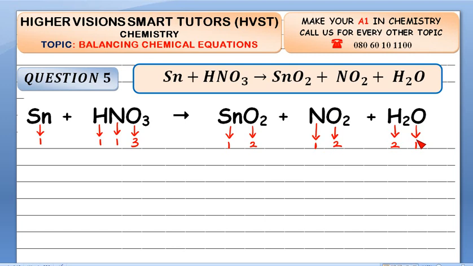Okay, let's put letters to represent the coefficients of the balanced equation: A, B, C, D, E. Good.